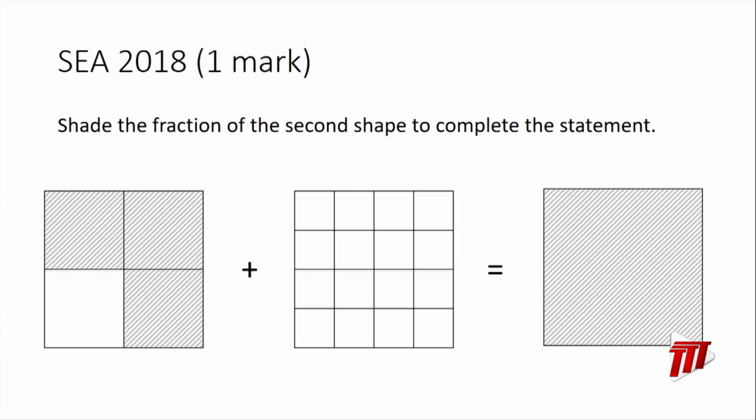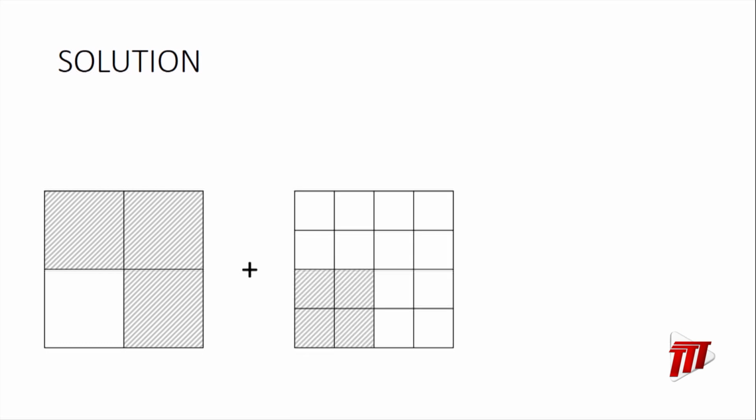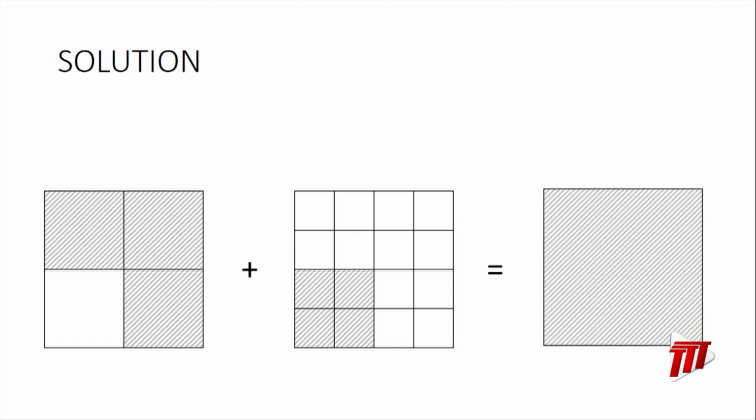So if we shade this 1, 2, 3, 4, what you would get is your quarter shaded, and you could see it visually. If I pull that quarter and I place it here, you will end up with the last shape. So you could either do it visually, or you could do it where 3 quarters plus 1/4 would give you a whole.